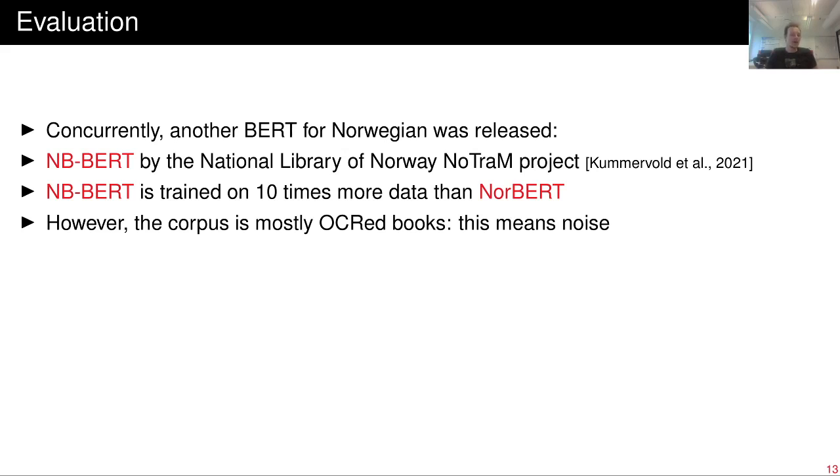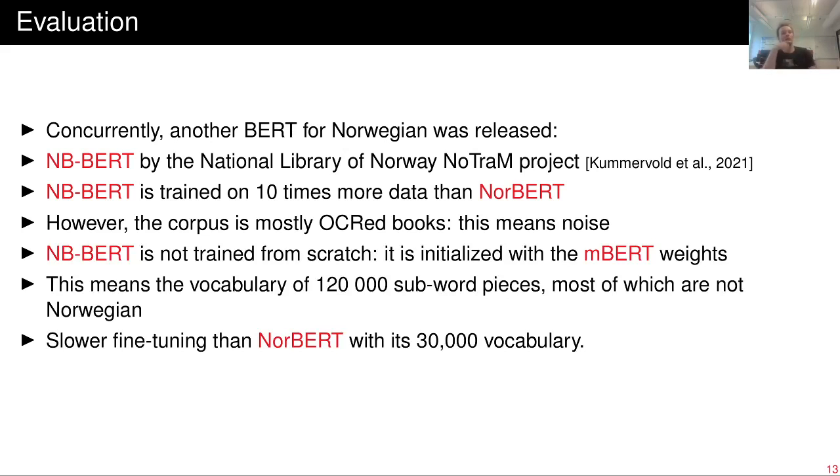However, this corpus is mostly OCR'd books, which means at least some amount of noise. Also, NB-BERT is not trained from scratch. Instead, it is initialized with the multilingual BERT weights, which means that it has the vocabulary of 120,000 subword pieces, most of which are not Norwegian. This also means that when you fine-tune NB-BERT, it is somewhat slower than NorBERT because the vocabulary is larger.